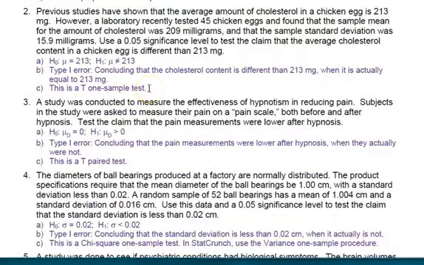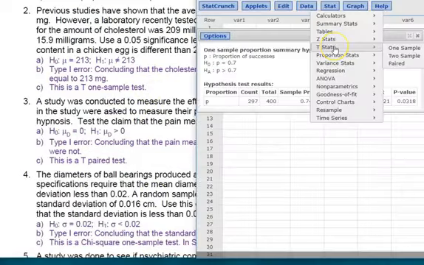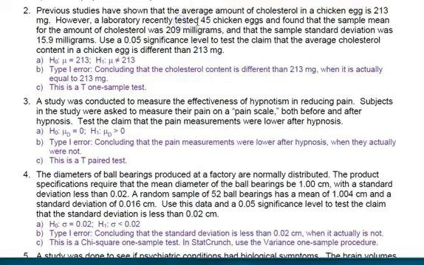For number 13, we're running the test in problem number 2. This was a T one sample test, so we're going to use the T-stats in StatCrunch. So here's my T-stats. This was just a one sample with summary. You want to make sure that what it's asking you for in StatCrunch fits the information that you have. In this one, they have the sample of 45 chicken eggs, so there's our sample size.